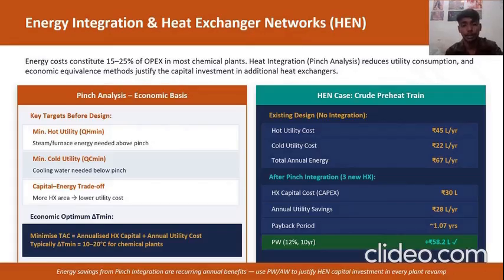So I was discussing how energy integration can help and give a major contribution in our product profit calculation. By spending 30 lakhs on three new exchangers, a refinery saves 28 lakhs per year. This leads to a payback period of only 1.07 years and a massive present worth of 58.2 lakhs.